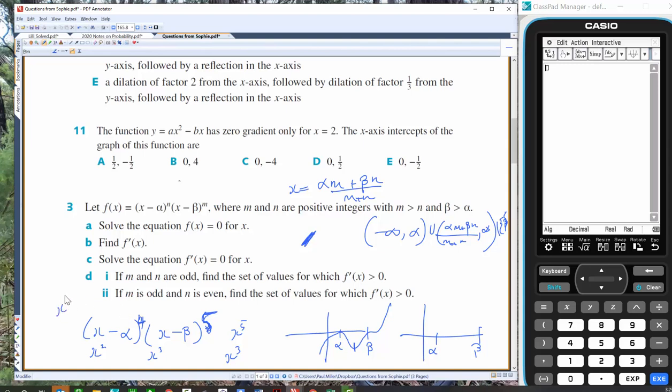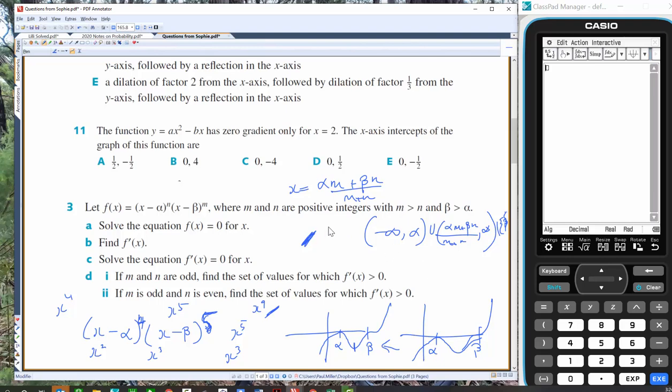That's going to be an x to the 4 multiplied by an x to the 5, which is an x to the 9, which behaves like an x to the 5, which behaves like an x to the 3, which means we start an x to the 9 with a positive gradient. So it's going to come up, bounce, turn back, and inflect there, i.e. it's going to be exactly the same as this.